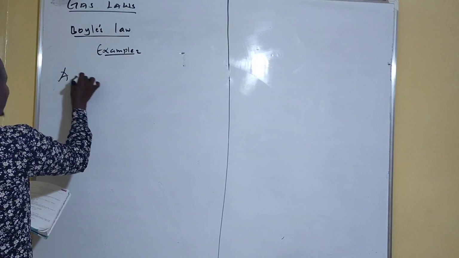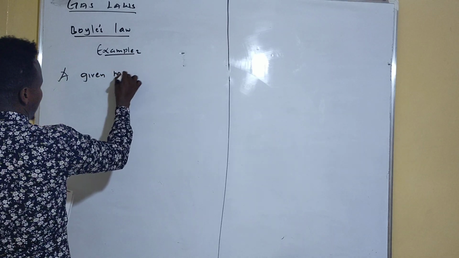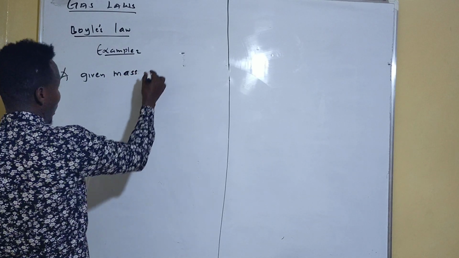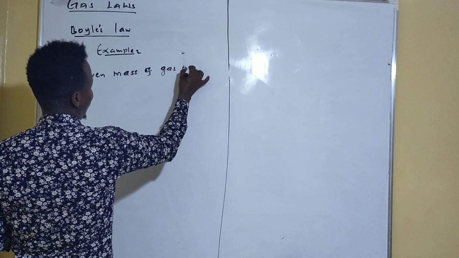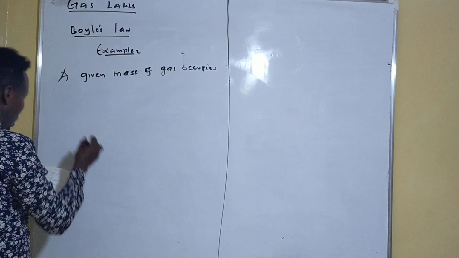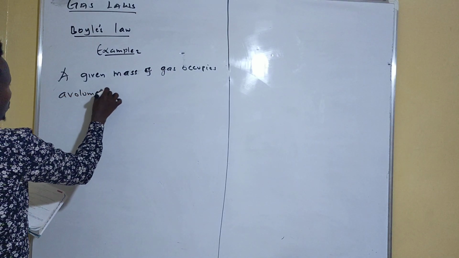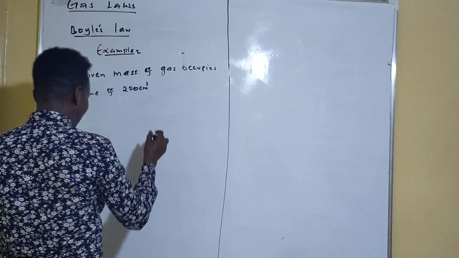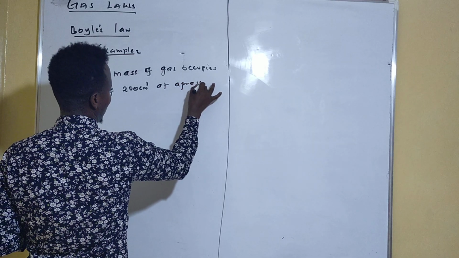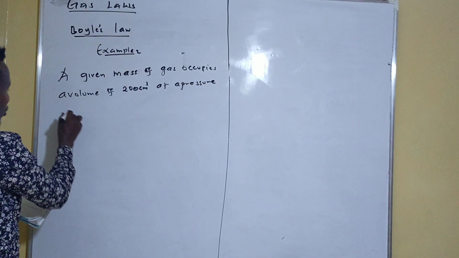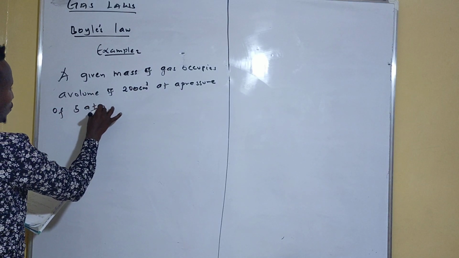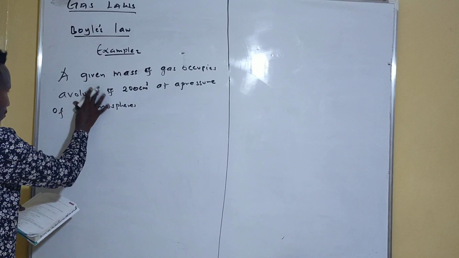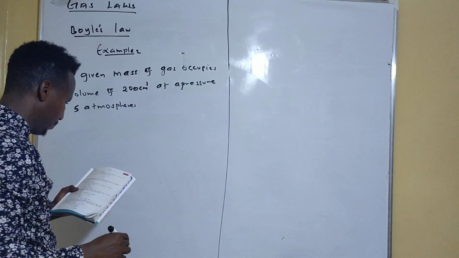You are told a given mass of a gas occupies a volume of 200 centimeter cubed at a pressure of 5 atmospheres.